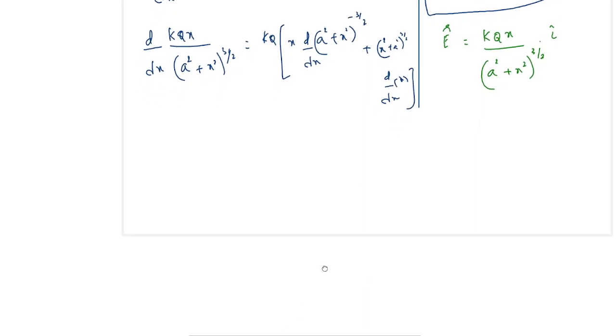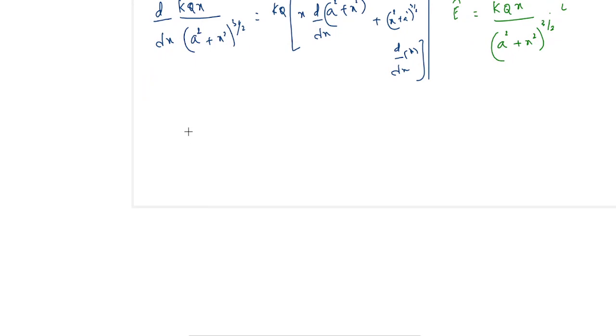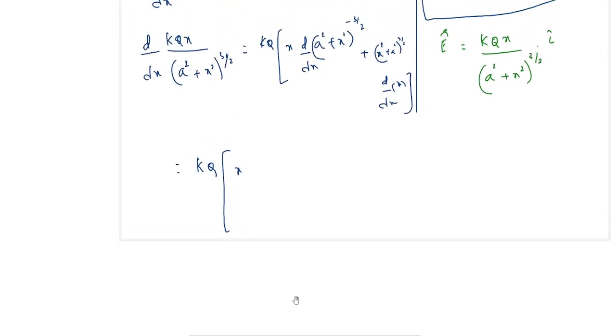If we do it further, then what you get here would be k q, x as it is. This would give us minus 3 by 2 into (a square plus x square) power minus 5 by 2.